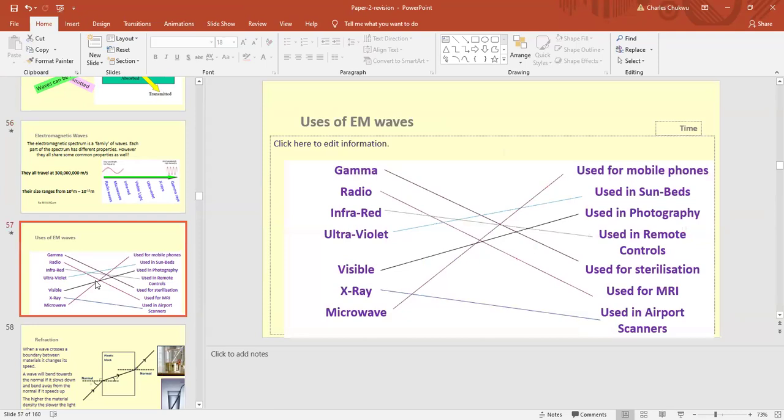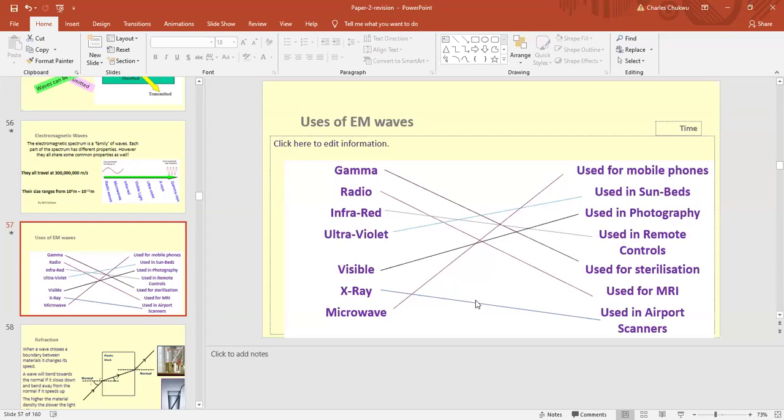Okay, so let's see some uses of electromagnetic waves. Take a close look at this and see if there's anyone that looks unfamiliar. Gamma rays used for sterilization, radio waves used for, wait a minute, radio waves.